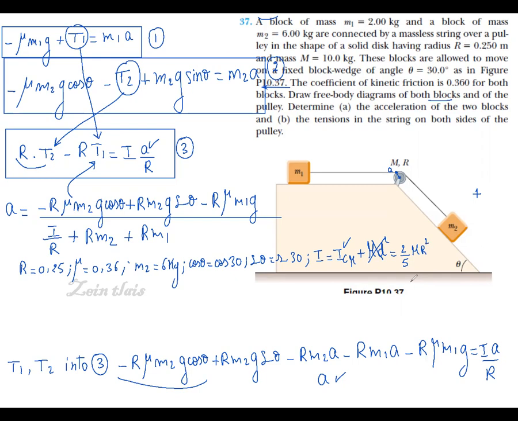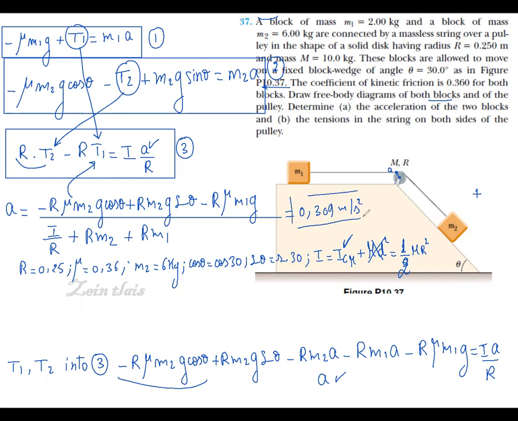Okay. So if you do the calculation, we get here, no, here I equals, let me see the value of I, because ICM is given, equals half M R square. You do the calculation, we get 0.301 meters per second square.